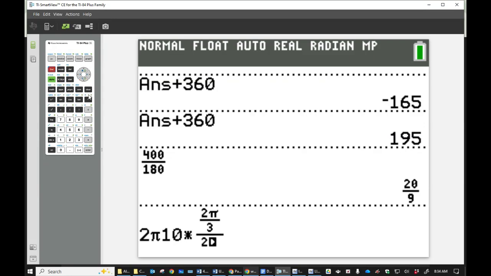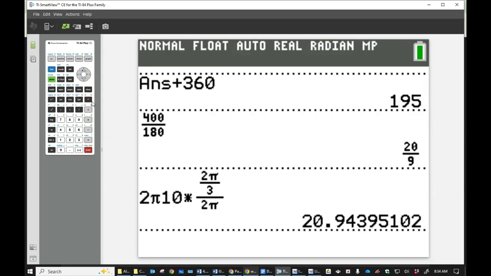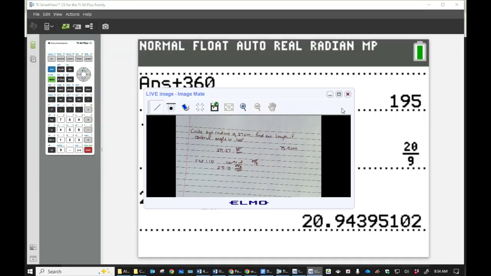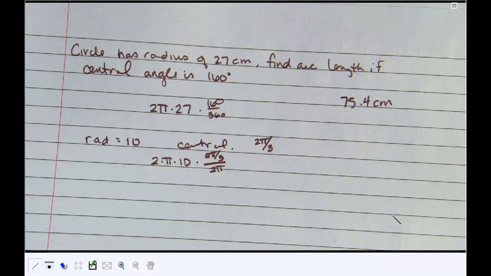It's probably faster to convert it to degrees, but it's 20.94. Or you can convert your 2 pi over 3 to degrees pretty fast and do that over 360. Just because it's radians doesn't mean you can't continue to work in radians, so that's okay.